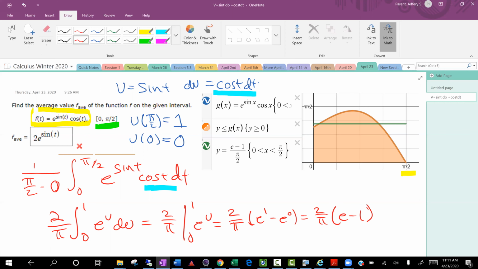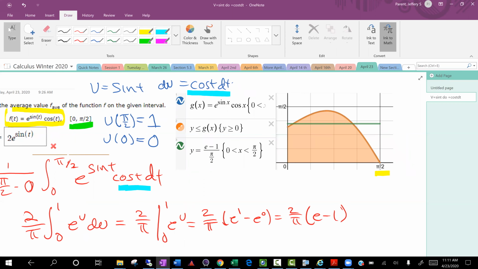Good. Now let's make sense of that here. Up above, I actually drew in the line y equals 2 over pi times e minus 1. And let's think about what that line means. That line is the average value of the function.